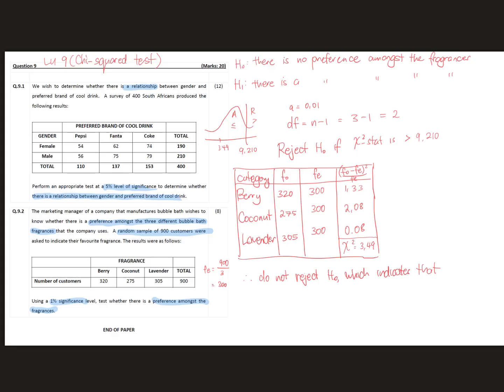If you're saying that you do not reject the null, that means you're accepting the null, and then whatever the null says is true. So it indicates that there is no preference amongst the fragrances.